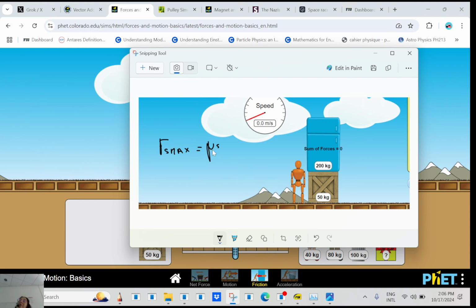Or the coefficient depends on what are the materials in contact. Is that clear? So how do we compute those coefficients? We have to do experiments, right? So it will be the coefficient times the normal force. So it depends on the materials and how hard the surface is being pushed on.